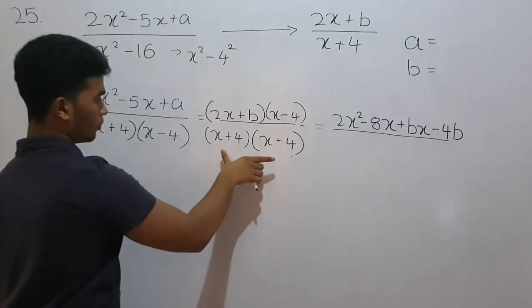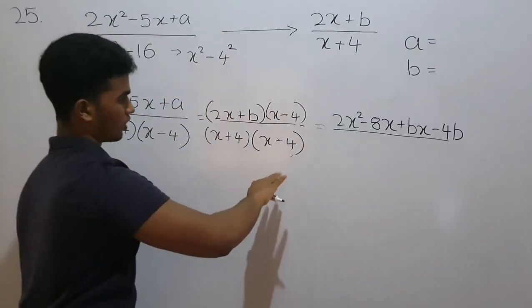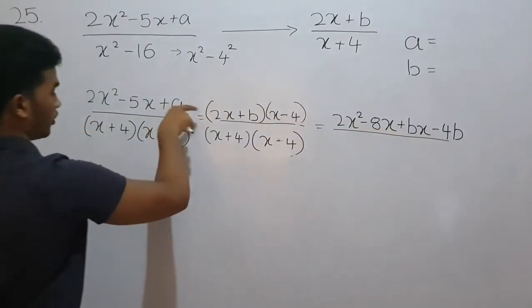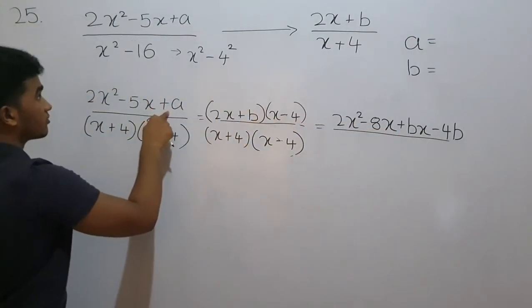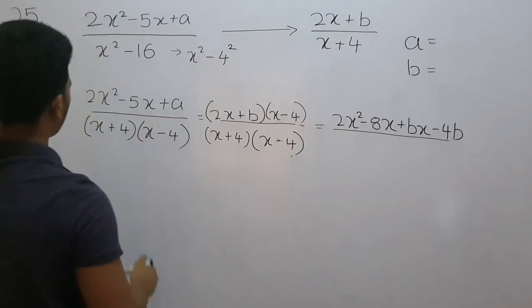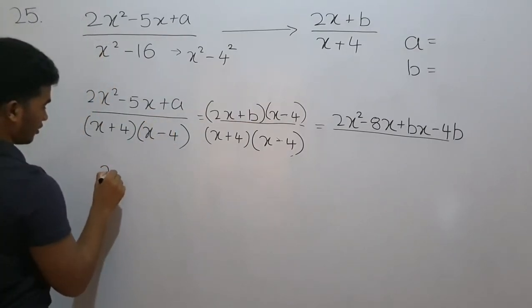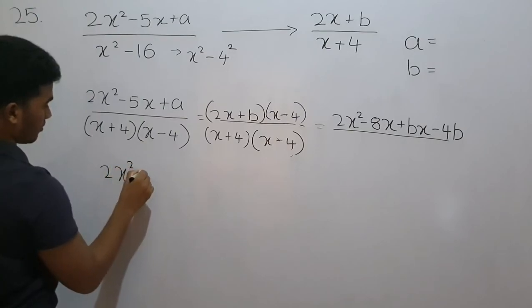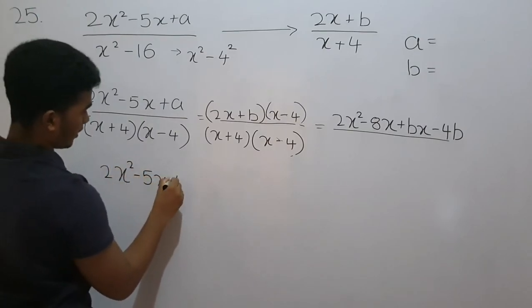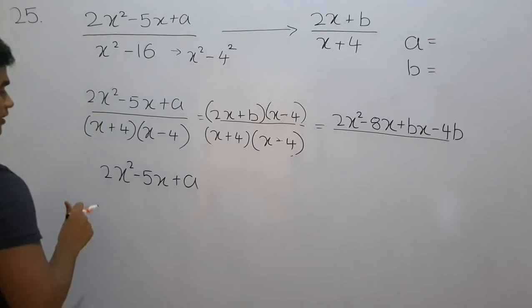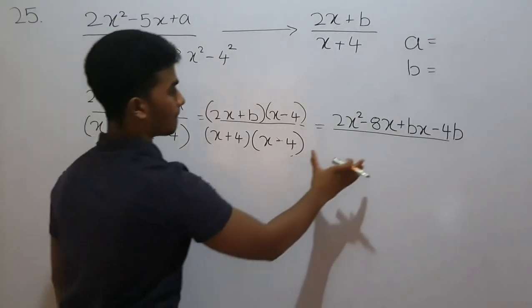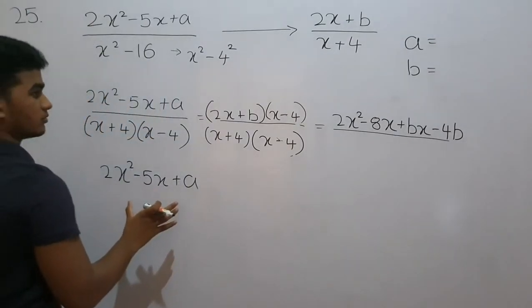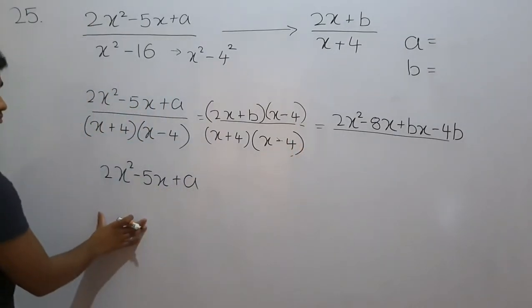So the denominator is not much important for us now. We have to deal with only the numerators. So I can equate this numerator with this. The question: 2x square minus 5x plus a.